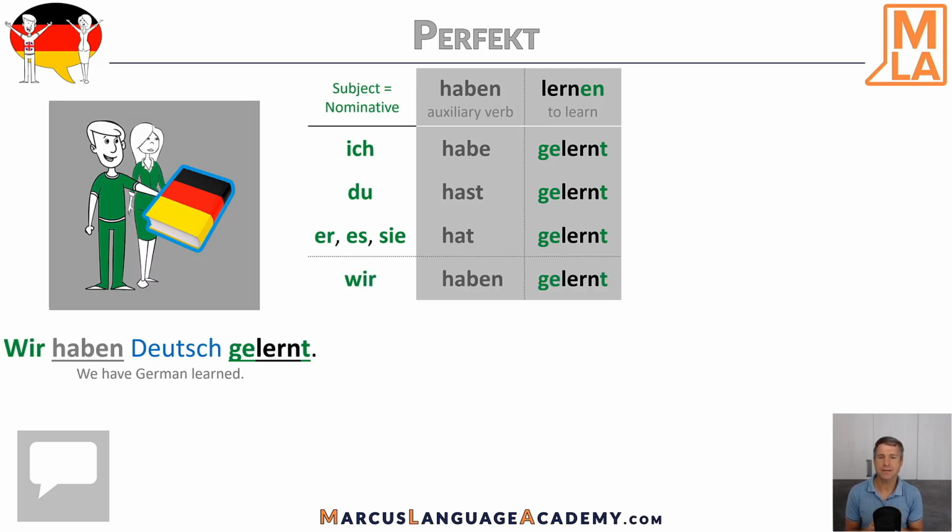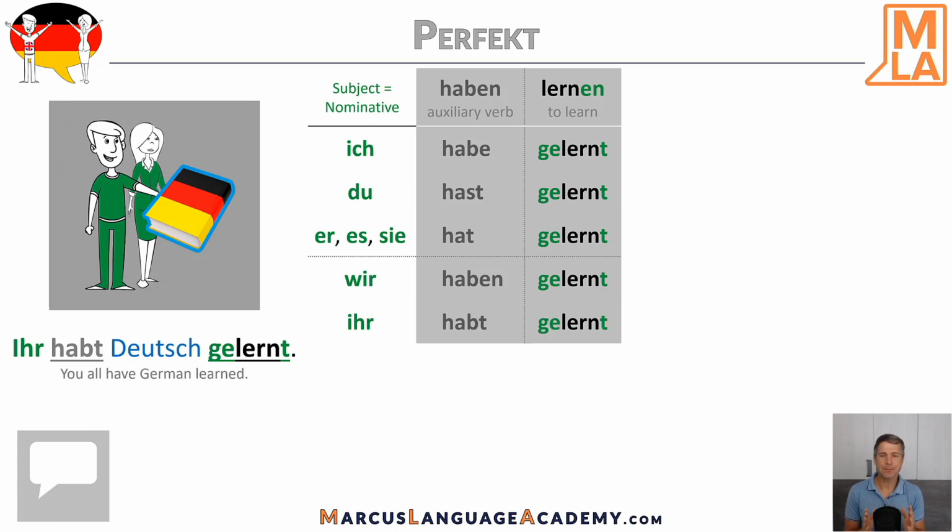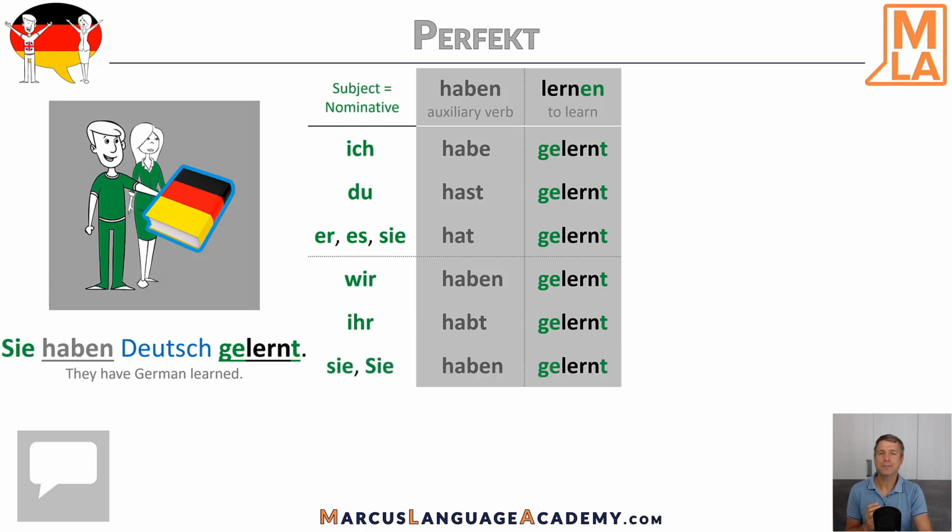Wir haben gelernt. Wir haben Deutsch gelernt. We have German learned. Ihr habt gelernt. Ihr habt Deutsch gelernt. You all have German learned. Sie haben gelernt. Sie haben Deutsch gelernt. They have German learned.